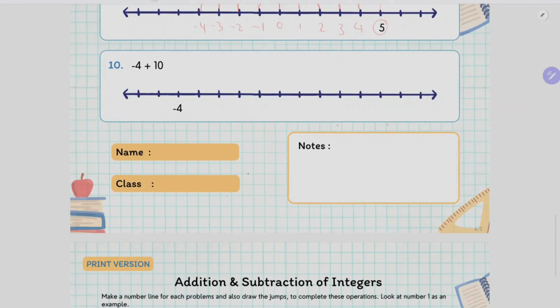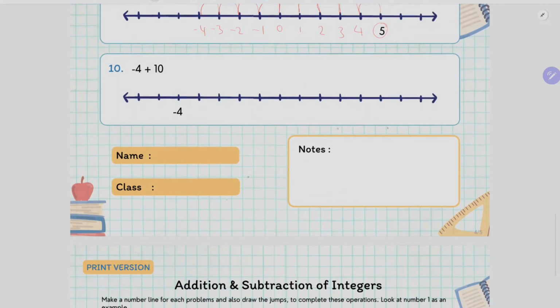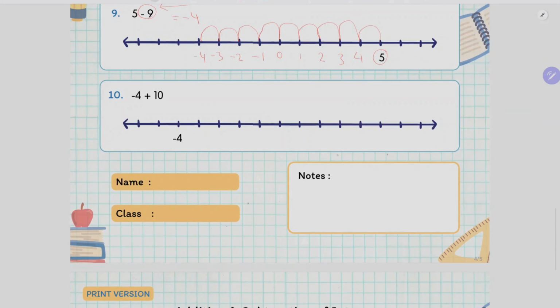Now let's do the last one. So this is quite a long one. And remember to always start at the first number, which is -4. And remember, if it's a plus, you go to the right, and minus means you go to the left.